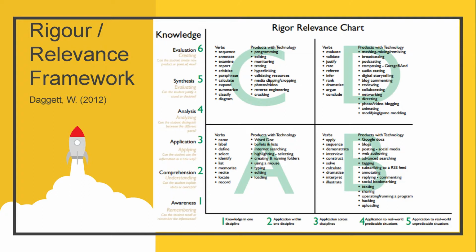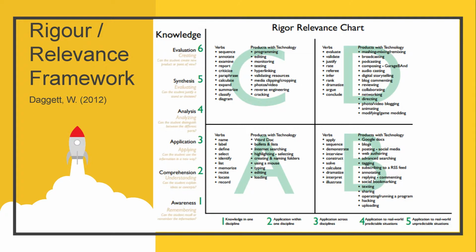So this rigor relevance framework gives you verbs which teachers could be very familiar with because teachers largely use the Bloom's taxonomy. It puts the different activities on different quadrants, A, B, C, or D. And a teacher can move from A to B, then C to D, or A to C, then B to D, depending on how you want to move along the framework.